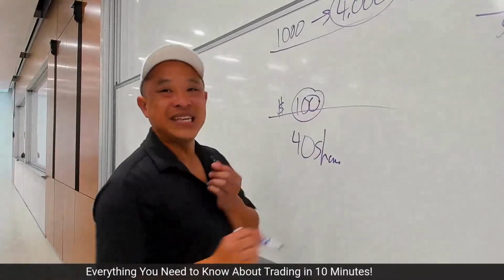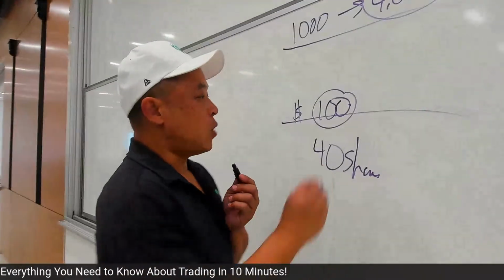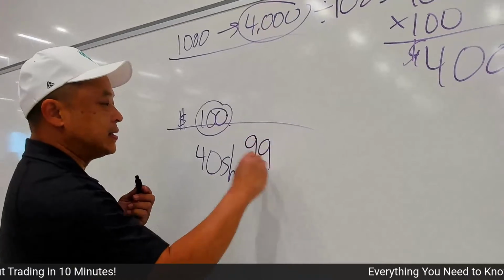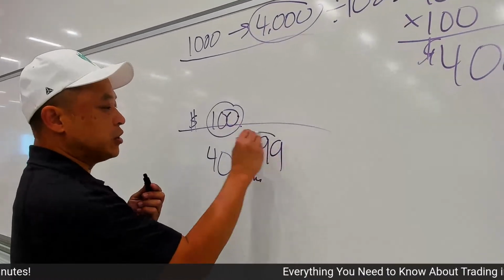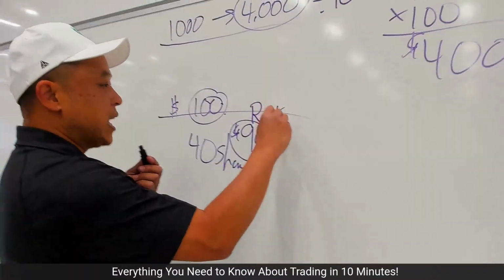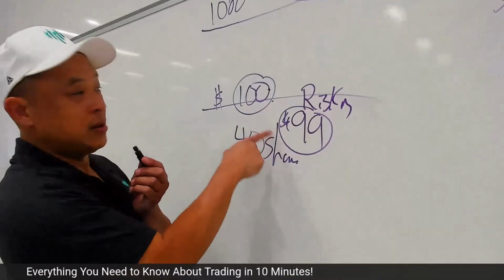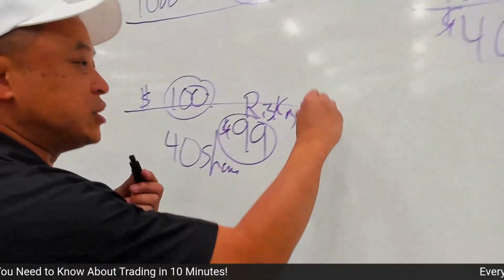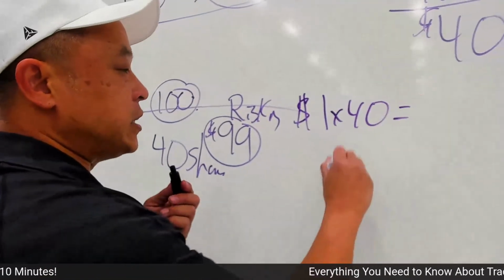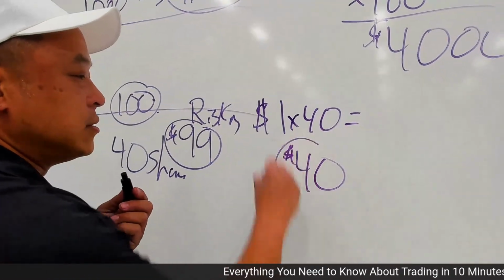Let's say you're risking $40. Watch. My stop loss is at 99. I'm risking $1. So if it gets down to 99, get me out. So how much am I risking? $1, right? Because 100 down to 99 is $1 risk. But I have 40 shares, so I'm actually risking $40. Make sense?